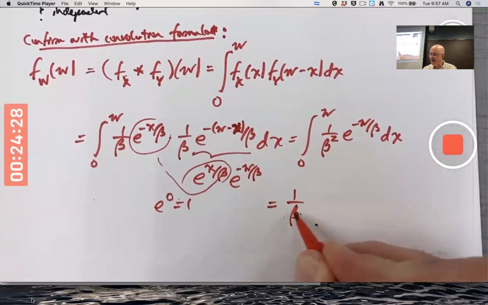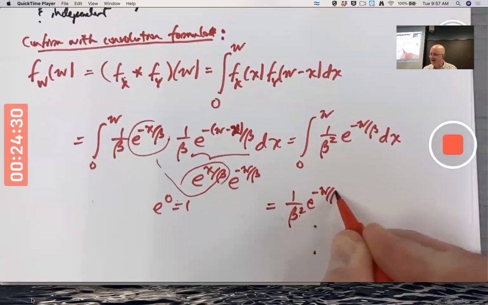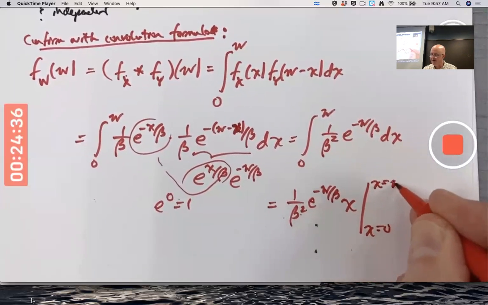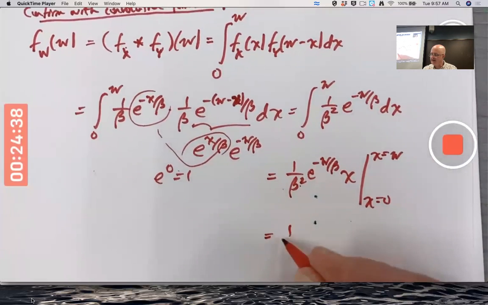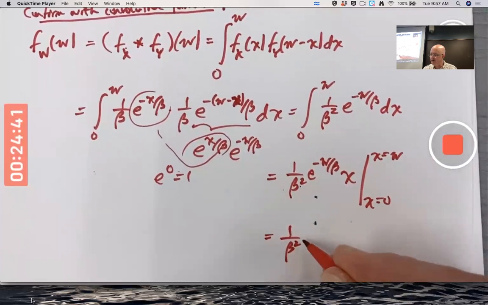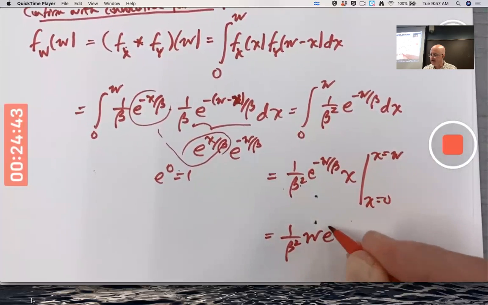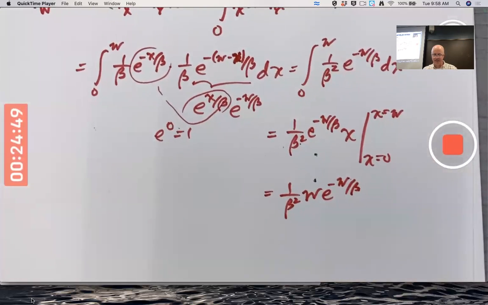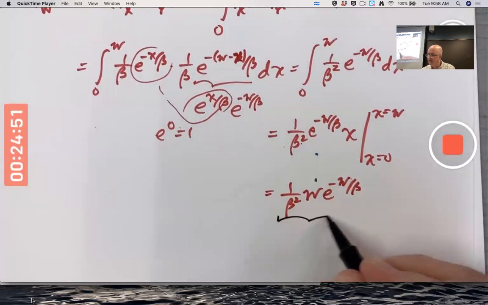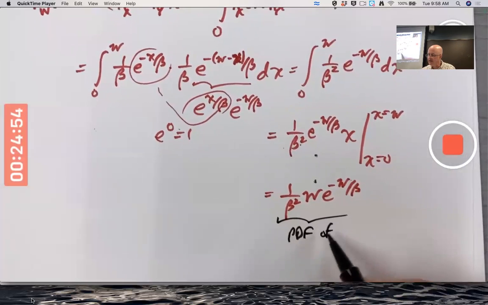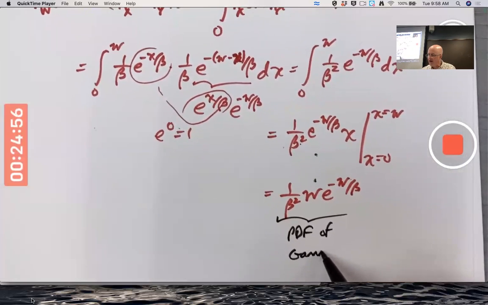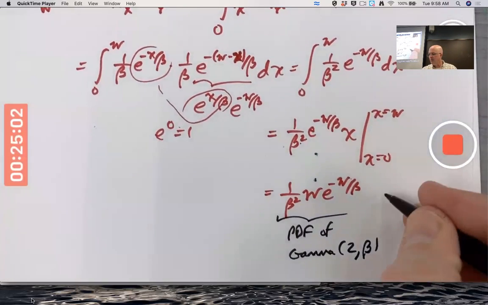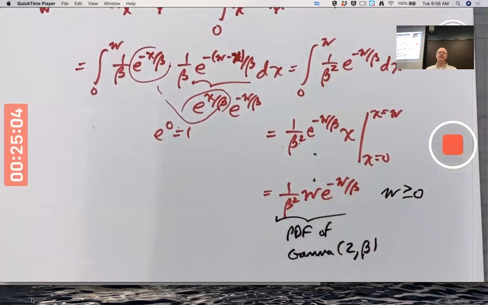I get 1 over beta squared e to the negative w over beta times x, where x goes from 0 to w. When you simplify that, that's 1 over beta squared, replace x with w, I'll put it in the front, w e to the negative w over beta. And that is the PDF of a gamma when alpha is 2 and beta is beta. All this is assuming w is greater than or equal to 0.